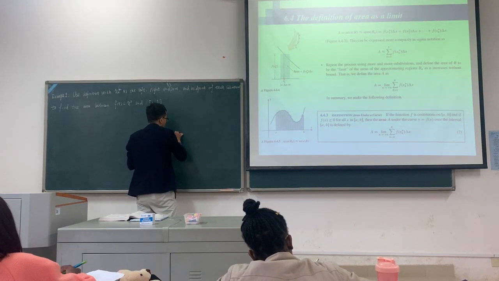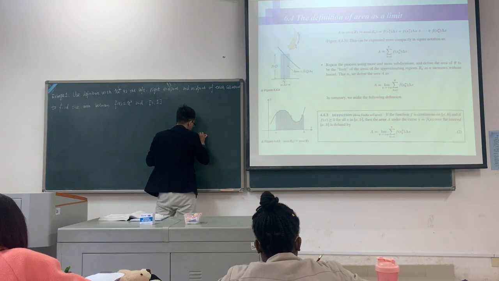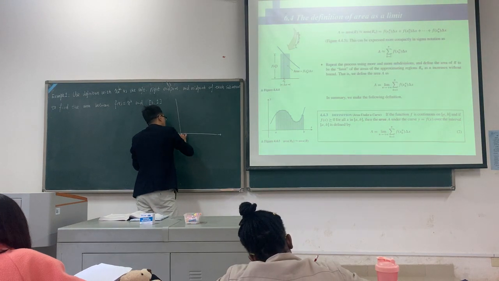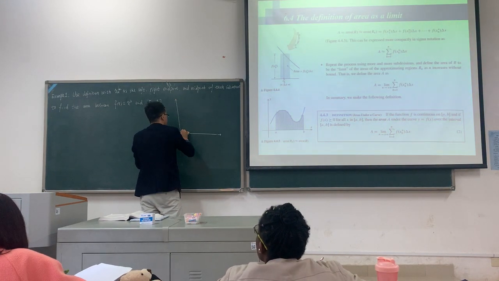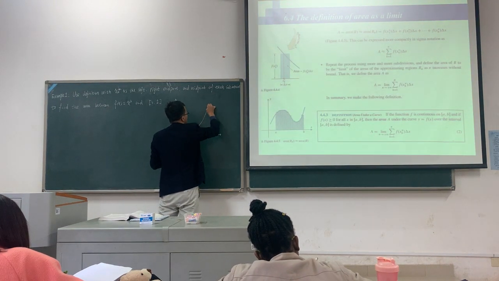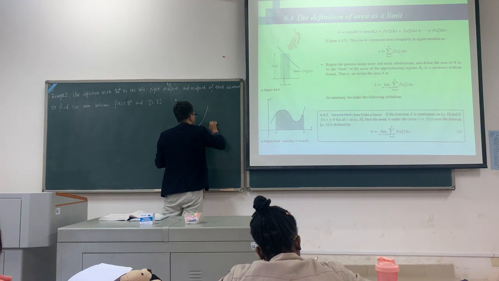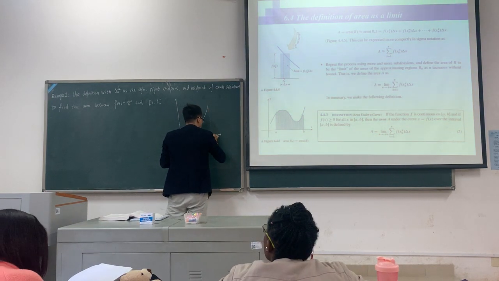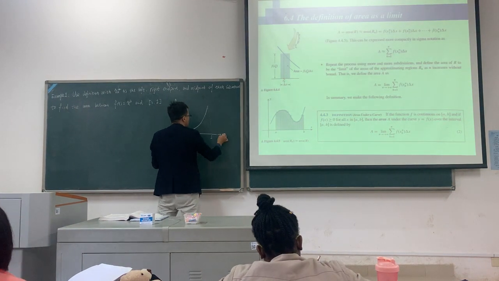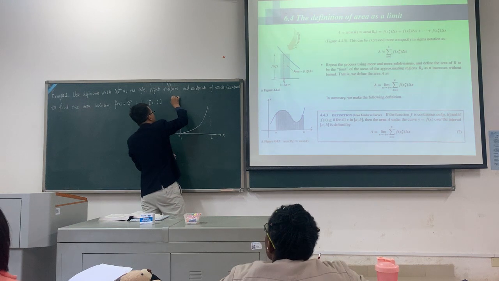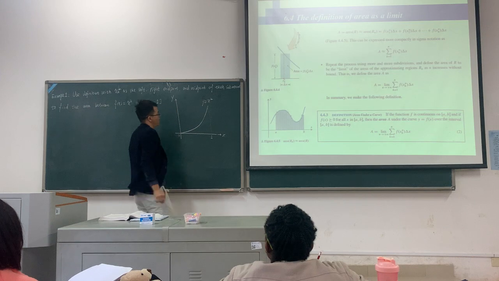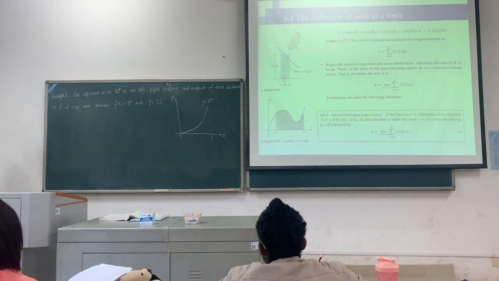We plot the graph. Here is 1, here is 0, here is x, here is y. So this curve is y equal to x squared.